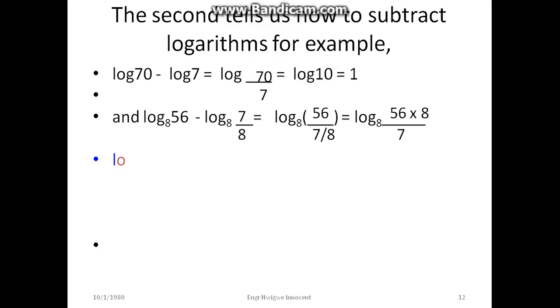Then if we do our multiplication and cancel out, we will be left with 8. 7 divided by 56 will give us 8. That means log 8. Now we'll be left with log 8 squared. When the 2 goes behind the log, we will be left with log 8 to the base 8, which is the same thing as 1. Therefore, we'll be left with 2.